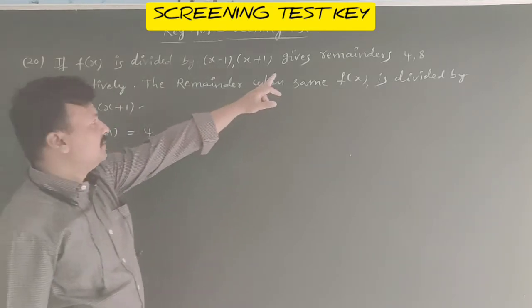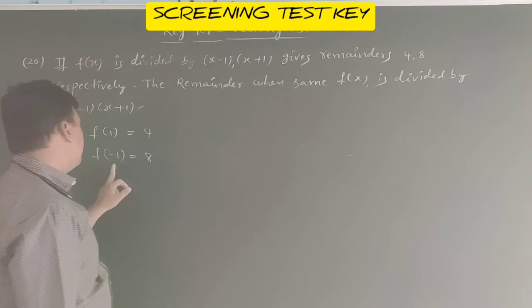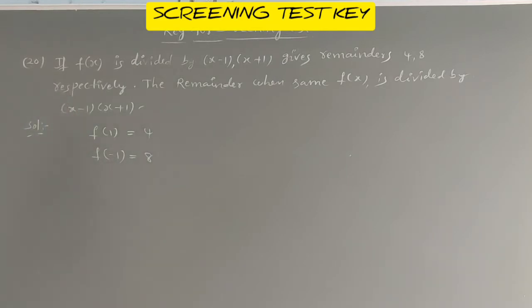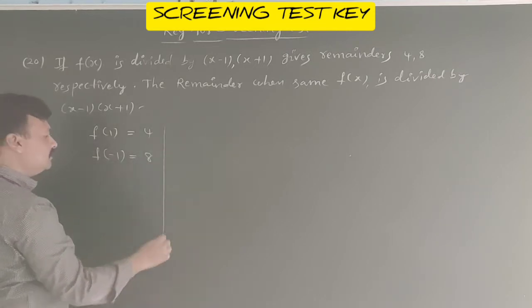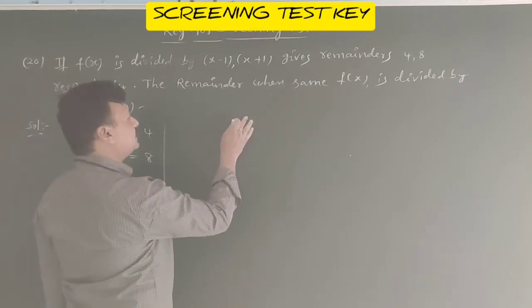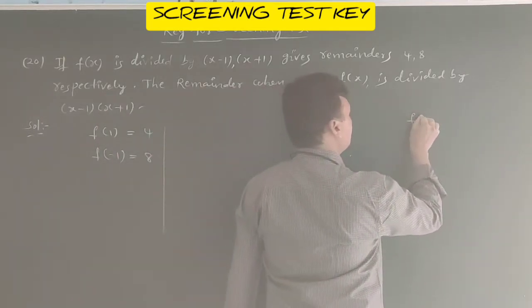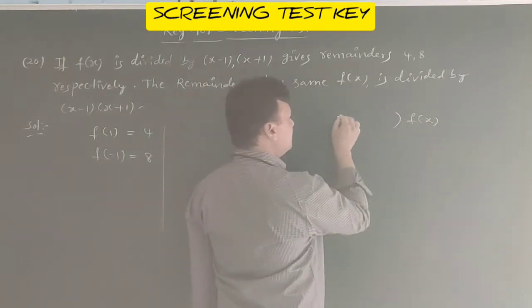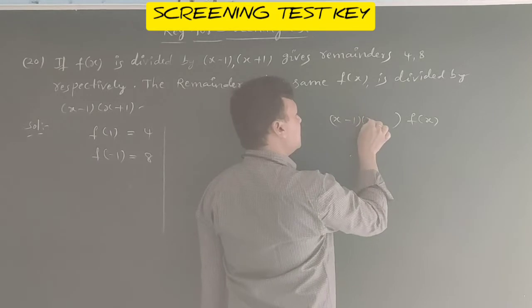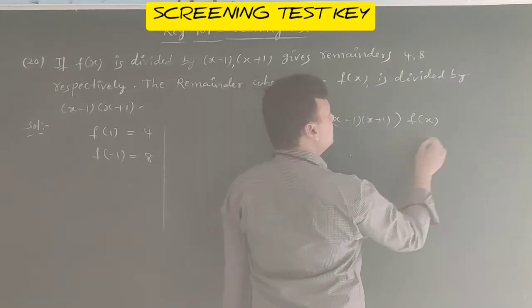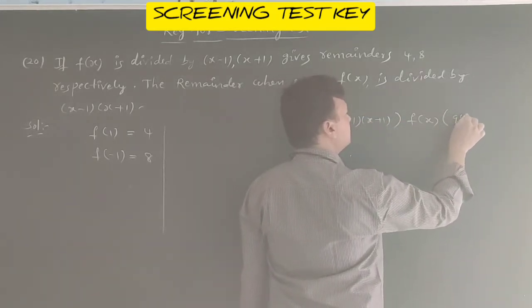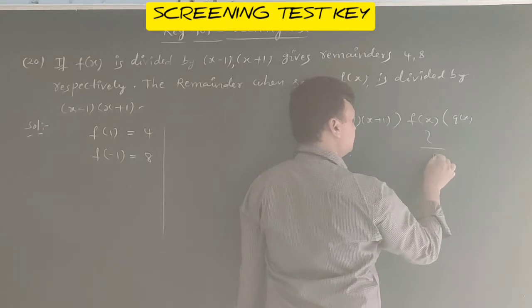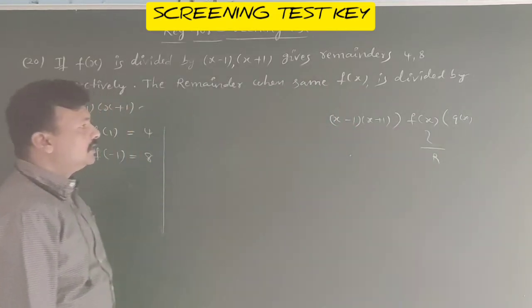If it is divided by x plus 1, f of minus 1 is the remainder. So f of 1 is 4, f of minus 1 is 8. Now the same f of x is divided by x minus 1 and x plus 1, we need to find the remainder.